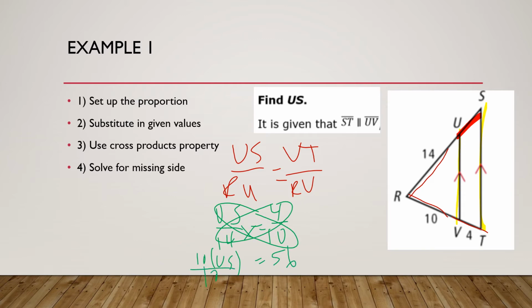We then divide both sides by 10, and that would give us US is equal to 5 6/10, or you could do it as the fraction 5 3/5.